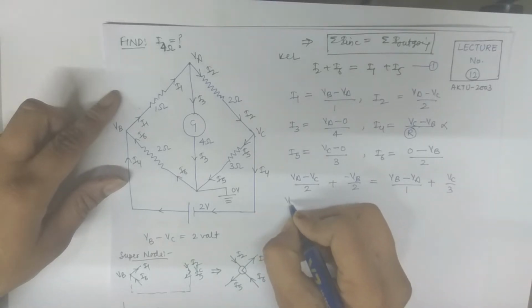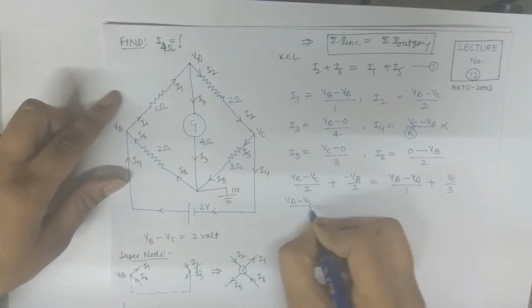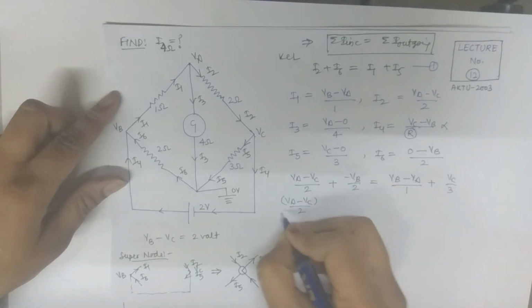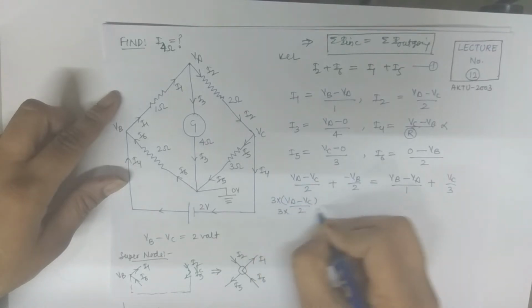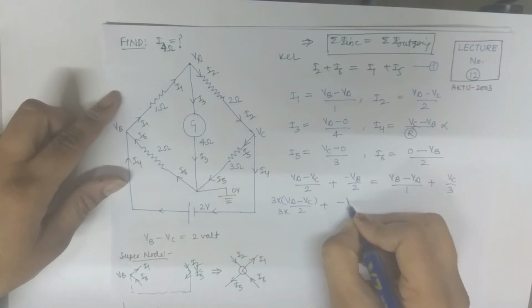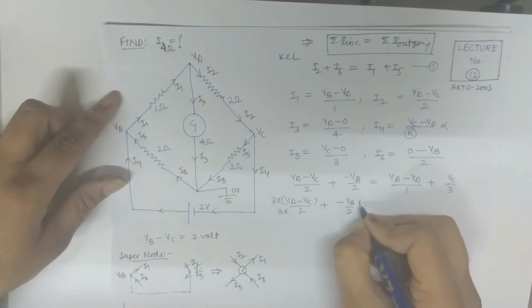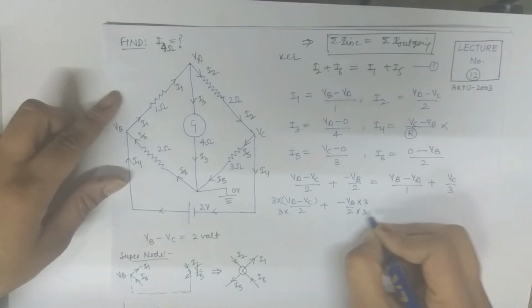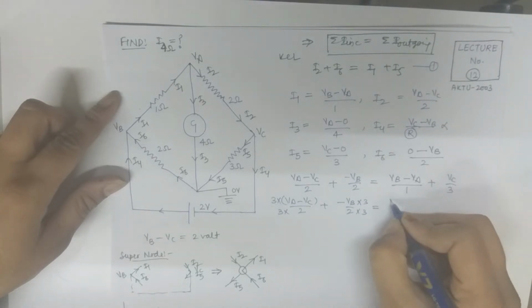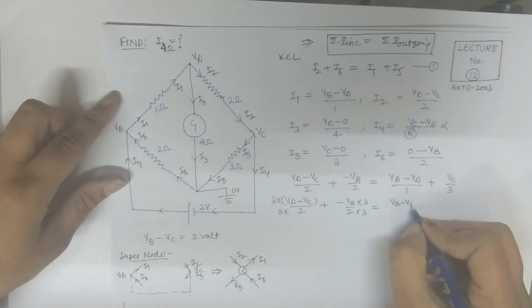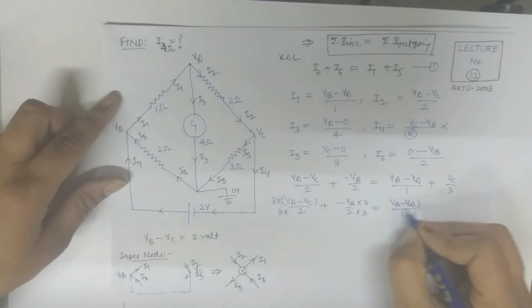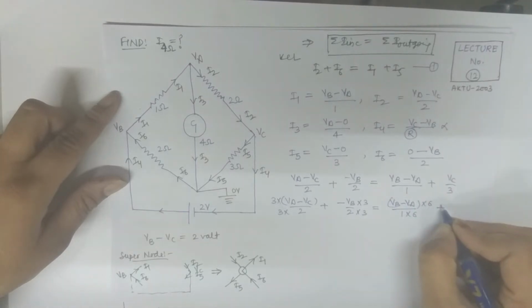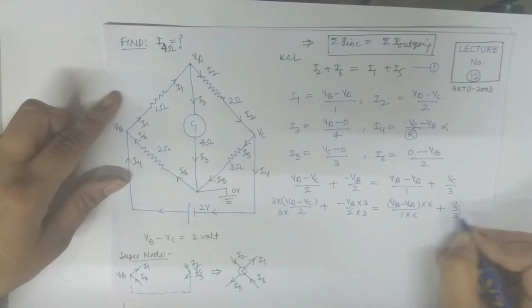So VA minus VC upon 2 multiplied by 3 and divided by 3, plus minus VB upon 2 multiplied by 3 and divided by 3, is equal to VB minus VA upon 1 multiplied by 6 and divided by 6, plus VC upon 3 multiplied by 2 and divided by 2.